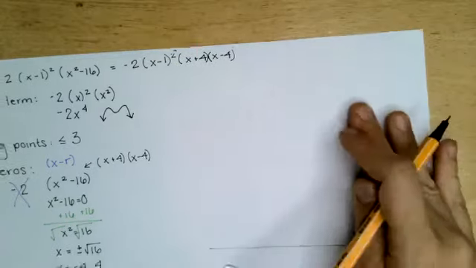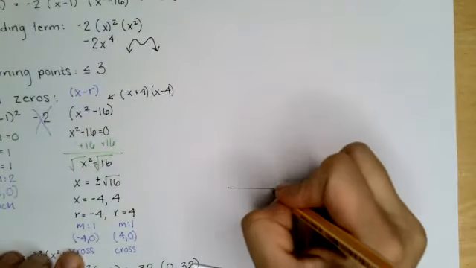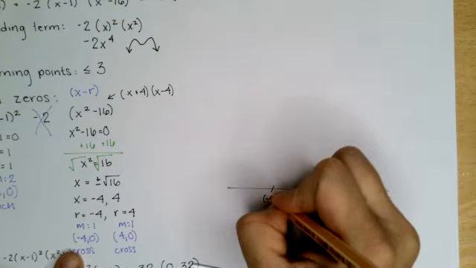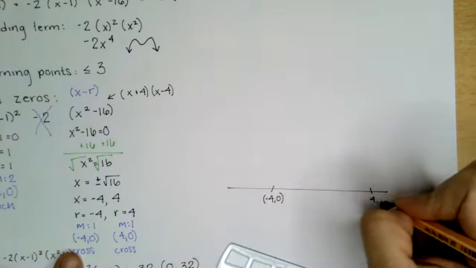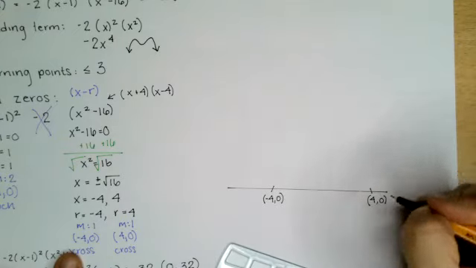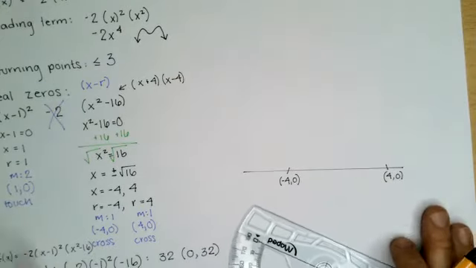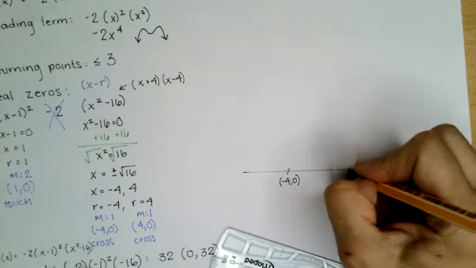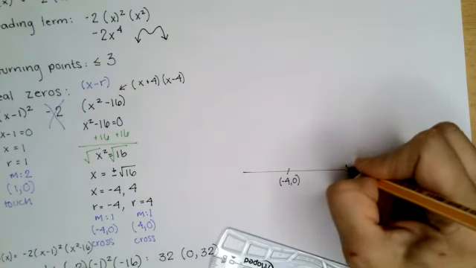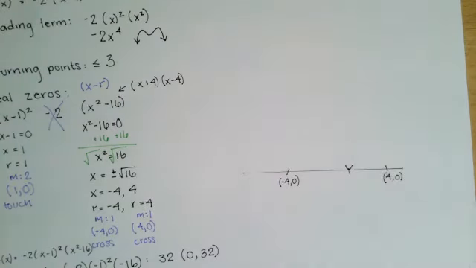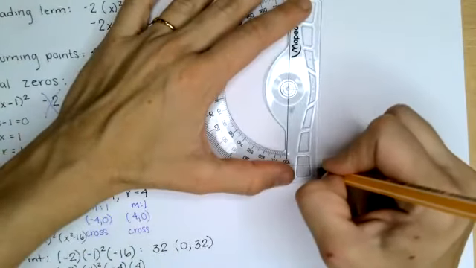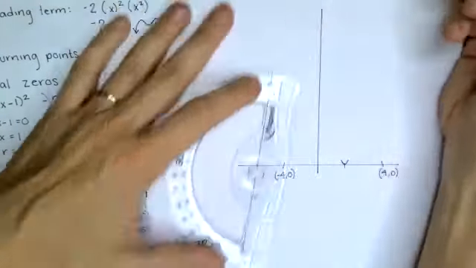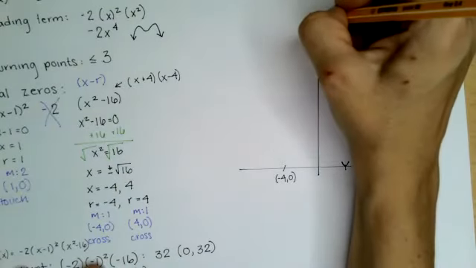Good. All right, this is kind of a big one. So at -4, we're going to cross. At 4, we're going to cross. At 1, 0, we're going to touch. And then it's going to cross the y-axis at +32. So we'll just say that that's right here.